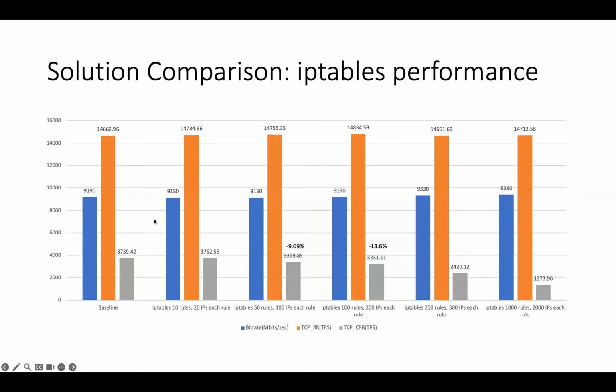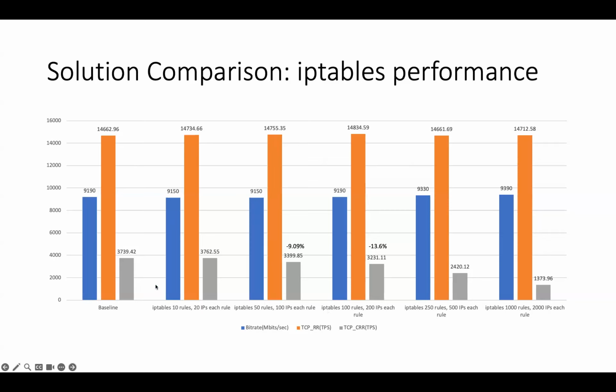So regardless of the number of rules in iptables, we don't expect it to affect the throughput of a connection. And the round trip latency of a connection is the same, because only the first packet is processed by all rules. As you can see, it's also unaffected by the number of rules.